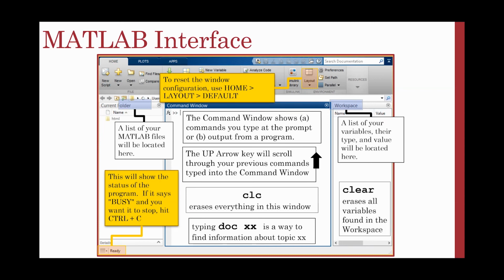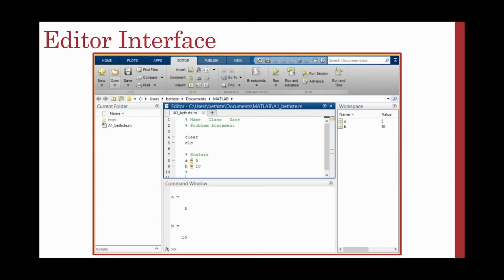So clc just clears up your command window. clear actually erases variables from your workspace. These are two good commands to put in the beginning of all of your programs because you don't necessarily want old information sitting around in your variables messing with your solutions.